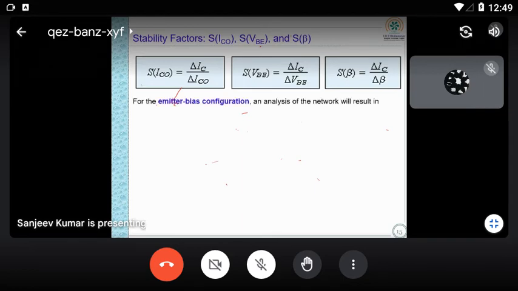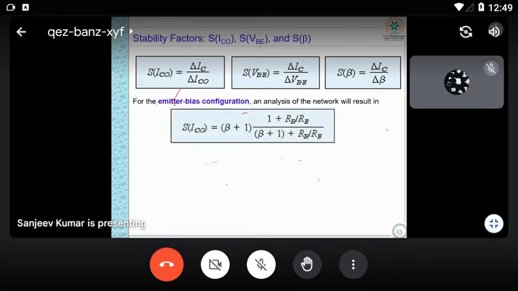So for example, if you see the emitter bias configuration, this stability, if you calculate, is an empirical equation. So change in IC by change in ICO is equal to beta plus 1 plus RB by RE, divided by beta plus 1 plus RB by RE. Here it is given for the emitter bypass configuration based upon this approximation.